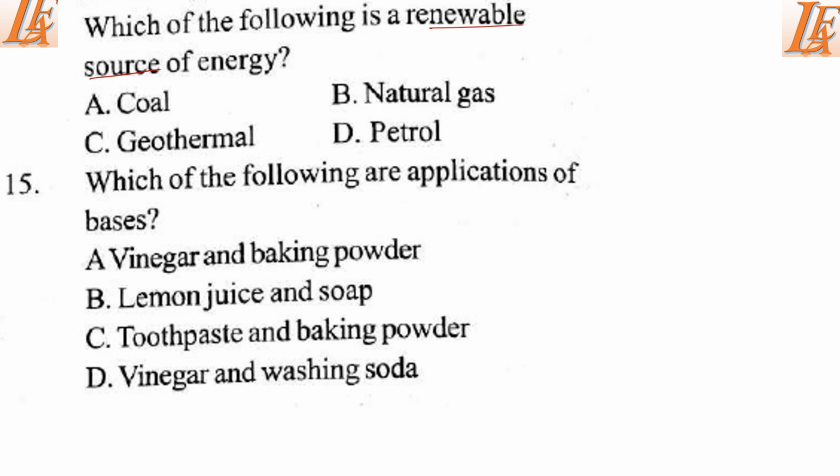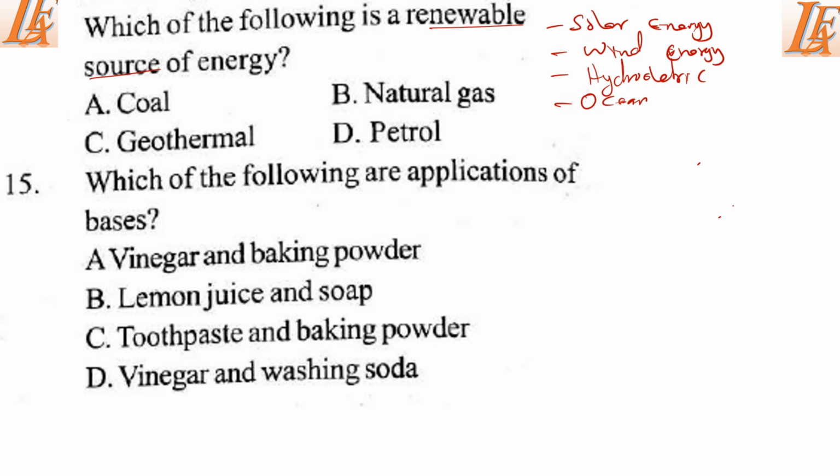So some of the examples of these renewable sources of energy that we have are things like solar energy. We have wind energy. These are natural and they cannot be exhausted. We have hydroelectric energy. We also have ocean waves energy.